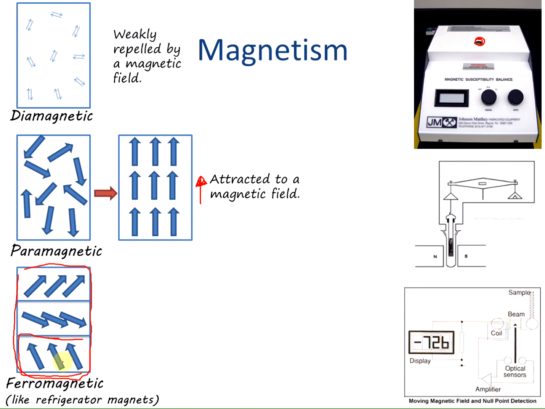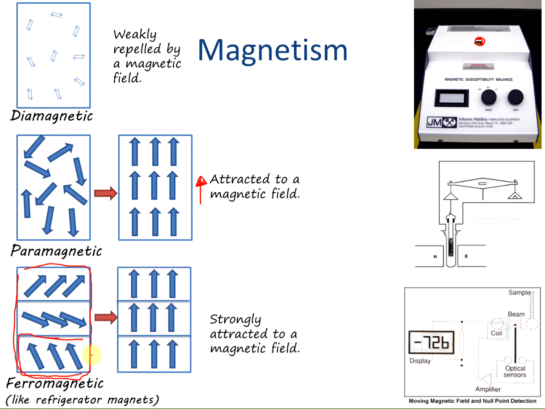If I were to put this into a magnetic field, those unpaired electrons will also align with the magnetic field. But ferromagnetic compounds are very strongly attracted to a magnetic field because you have these magnetic domains. And if you're at a certain temperature, when you remove the magnetic field, they'll all stay aligned together, which makes them magnetic and stick to, like, your refrigerator door.